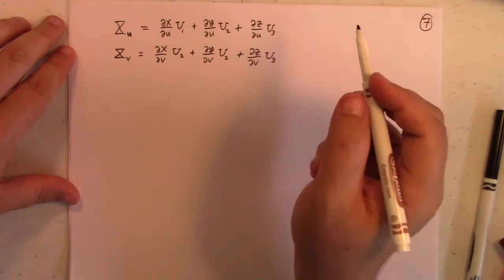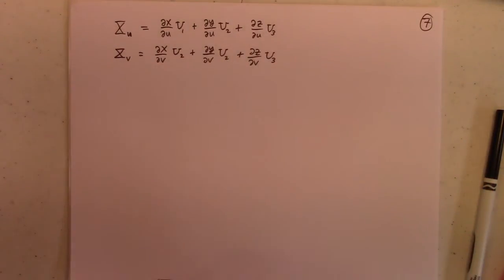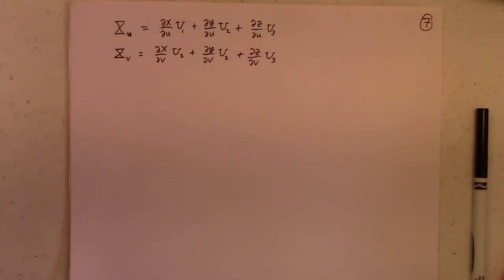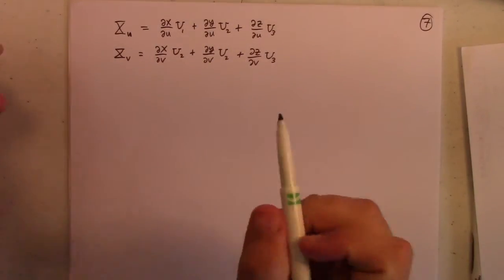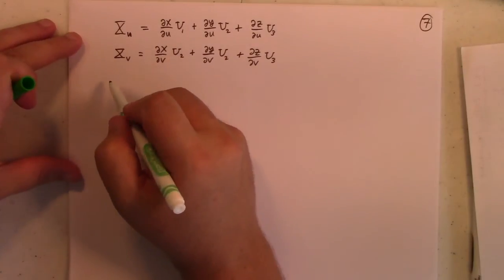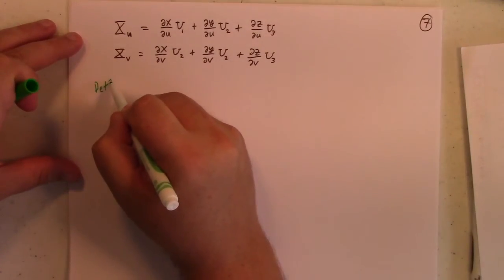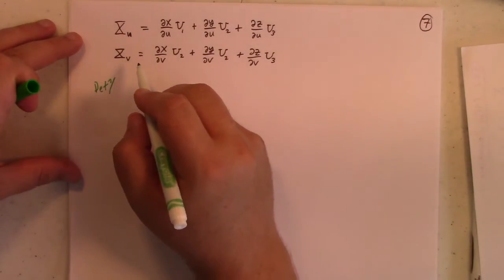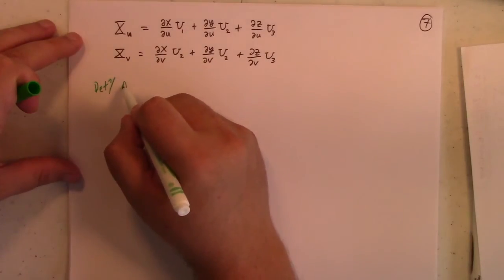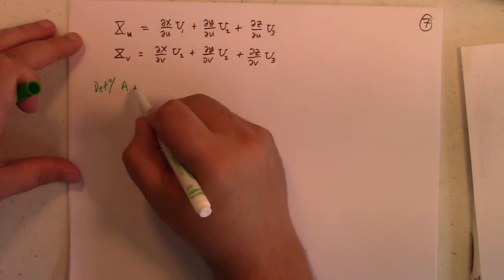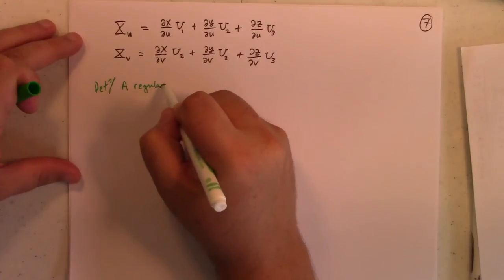But first a definition. We've been using the term patch. We can also use the term parameterization. The difference between a patch and a parameterization isn't much. Well, maybe it's a big deal. It depends on your preferences, I suppose.